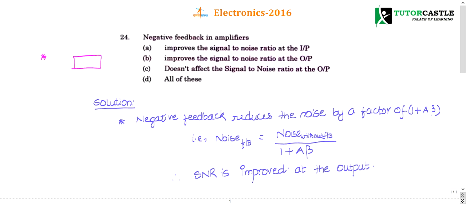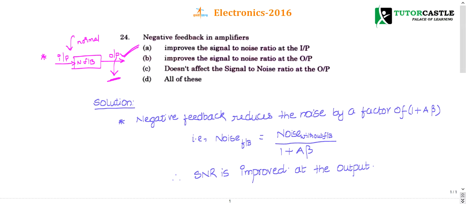See, when you apply negative feedback, this is the input, this is the output signal. The input signal will be a normal signal, it doesn't have any impact. But the changes take place in the output signal. The output signal will get changed. It may have good behavior or bad behavior.